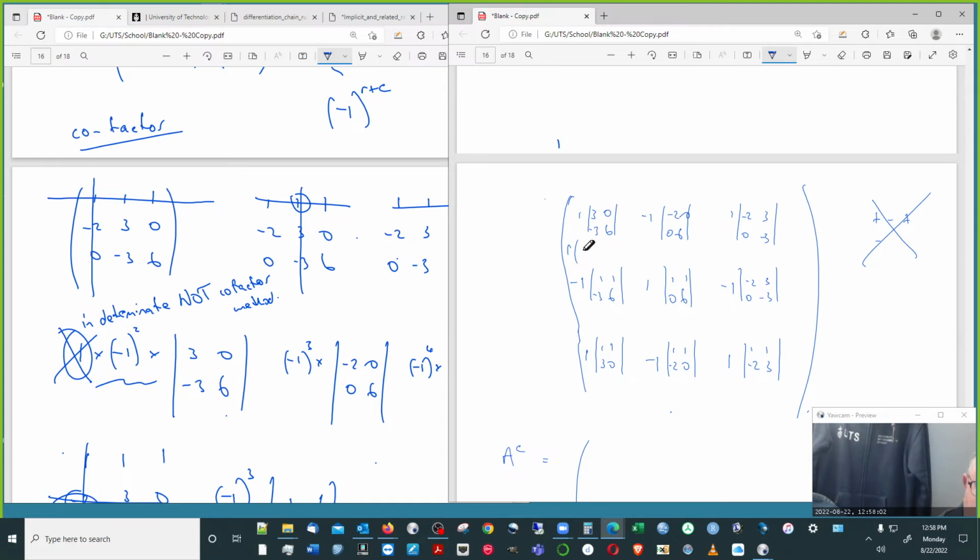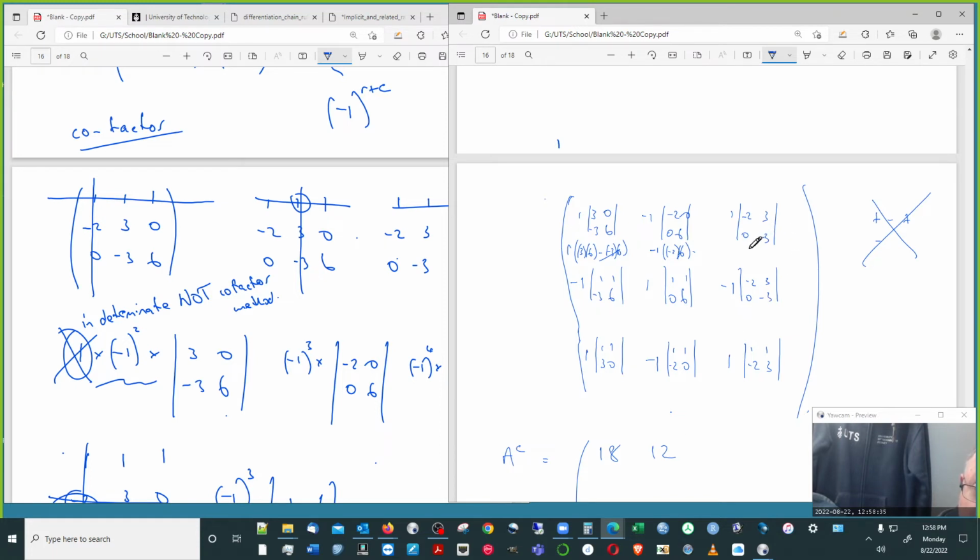Now what have we got? 1 outside of 3 times 6 minus 3 times 0. That's gone because it's a 0. So we're going to get 3 6s, we're going to get 18. Okay, so this one here is negative 1 outside of minus 2 times 6 minus 0, so that's ridiculous. This is going to be a plus because it's minus 12 times minus 1 is plus 12.